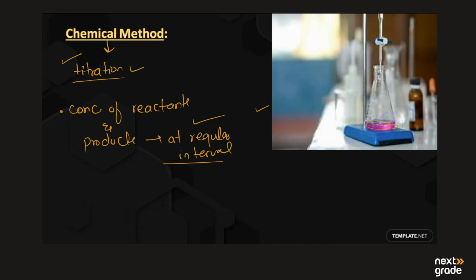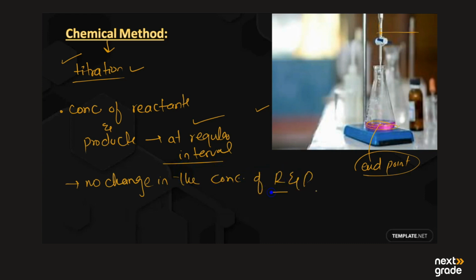reactants or the products in this flask, and we have to titrate with some specific chemicals, reach the end point, and note the concentration of the reactants and products. And if we see no change in the concentration of reactants and products, then we will be able to find out that the reaction is at equilibrium state.